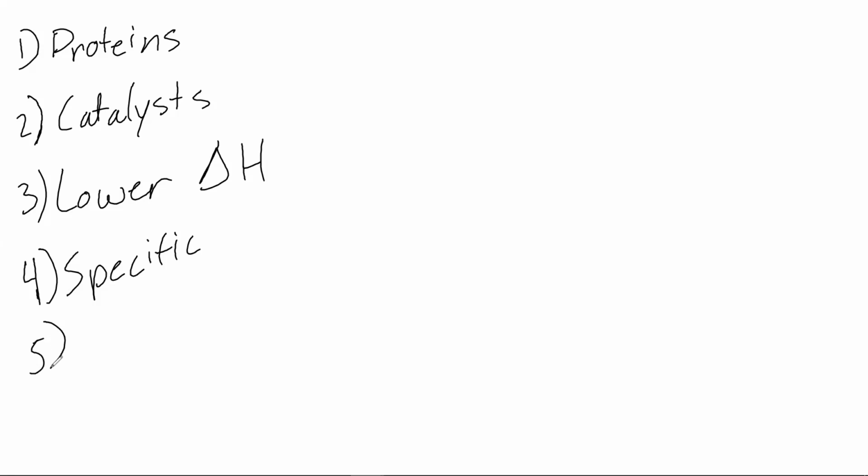You should have this written down. Okay, they're reusable. So once an enzyme does a reaction, it doesn't just die. It'll just keep doing that same reaction because they are reusable, right?